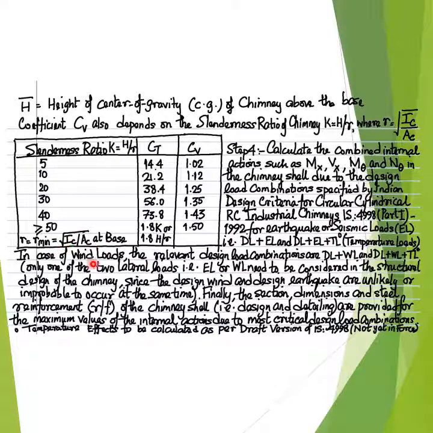In case of wind loads, the relevant design load combinations that need to be considered for the structural design of the chimney shell in case of industrial chimney structures are the dead load and the wind load, and the dead load, wind load plus the temperature load.